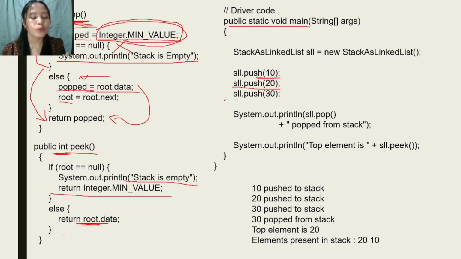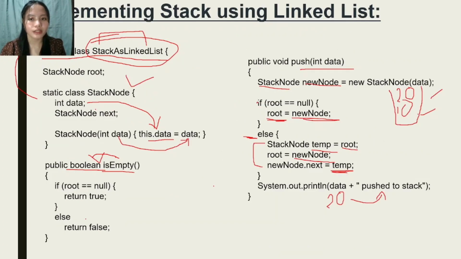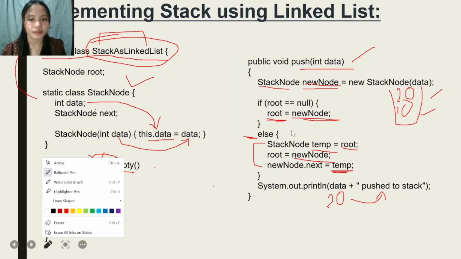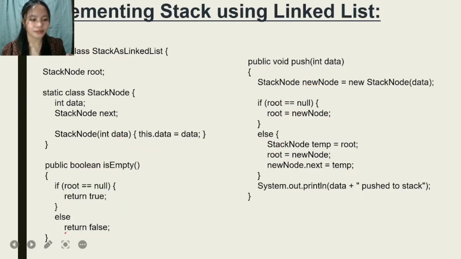Now we will push again a value of 30. So we will push 30 to our stock. Our 30 will be accepted by our int data parameter, and then we will create an instance of a class stock node, a new node object, then we will check if the root is empty. Okay, let's check if the root is empty or the root is null.